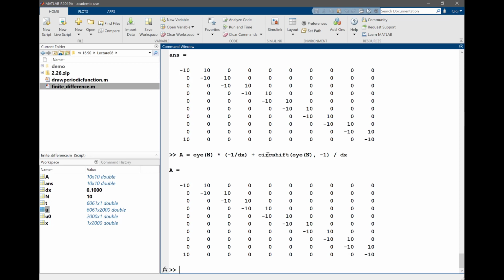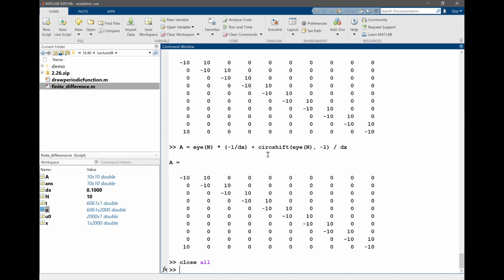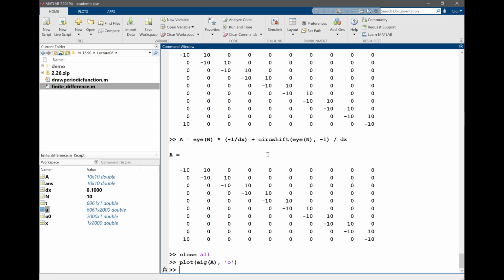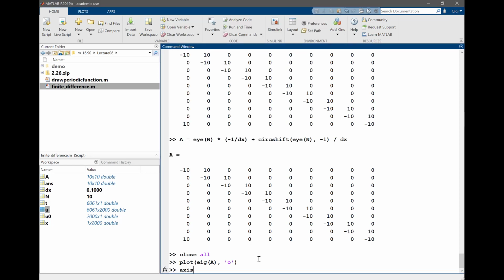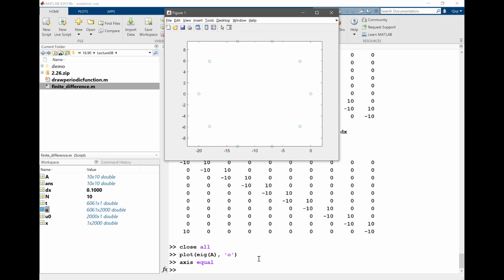Let's close all the existing plots. I'm going to plot eig of A with circles. Let me do axis equal, grid. Okay, so here are the eigenvalues of my matrix.